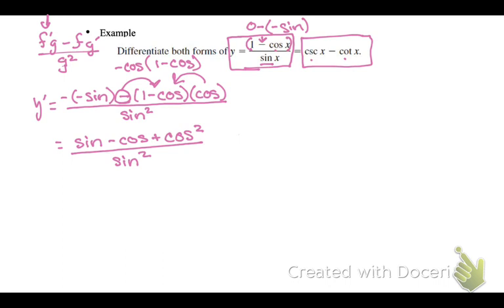Okay. Can I simplify this anyway? We don't even have a sine squared. Oh, you know what? We forgot something. What did we forget in this section right here? The other part. We did F prime. What did we forget? G. Just the G. We forgot just the G, didn't we?